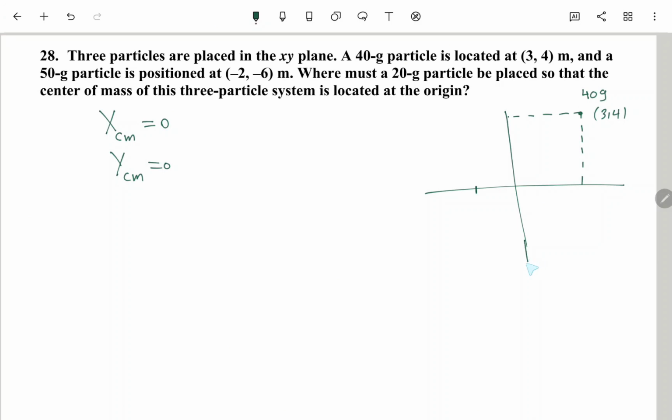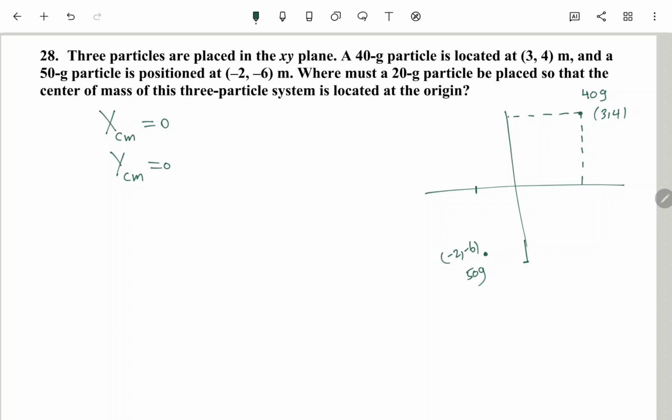Again, this is a rough graph. -6 should be somewhere here, and this is 50 gram at position -2, -6, and where a 20 gram particle should be placed in such a way the center of mass of the three particle system is located at the origin. So x center of mass equals 0, y center of mass is equal to 0. We would like to find where we should place a 20 gram object.